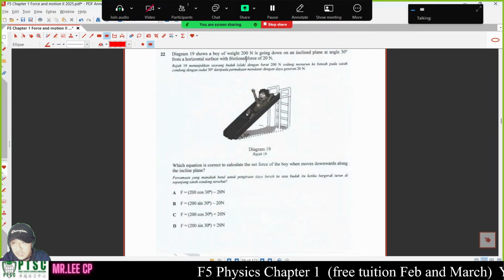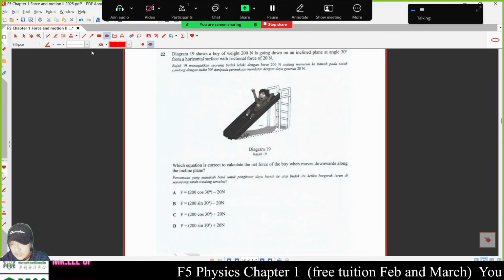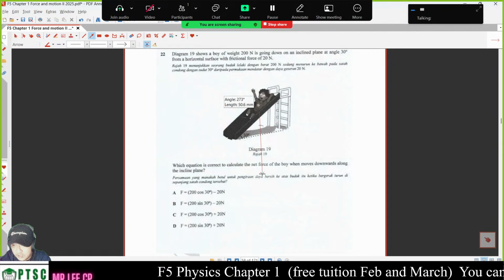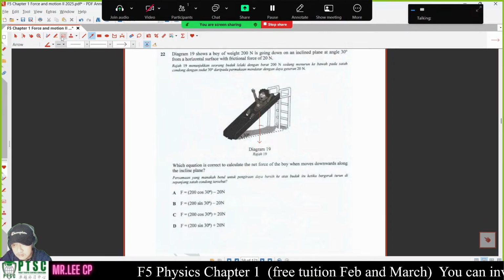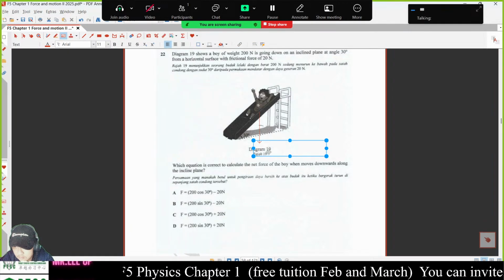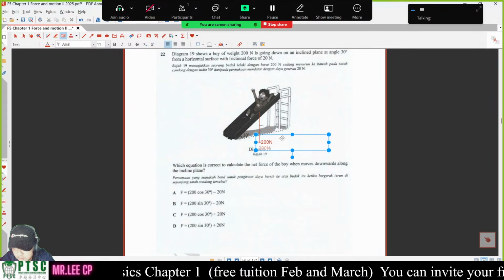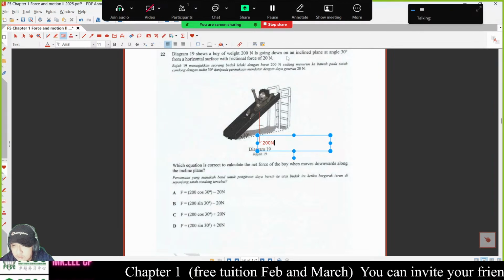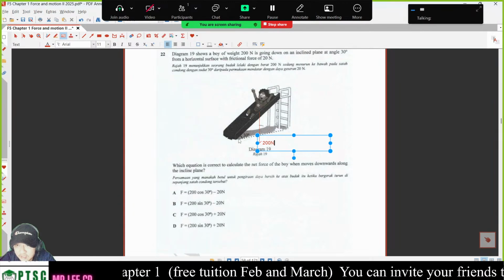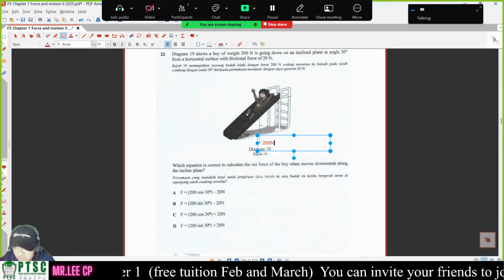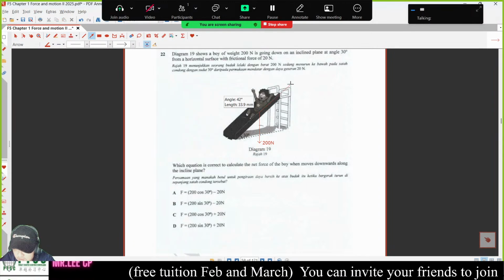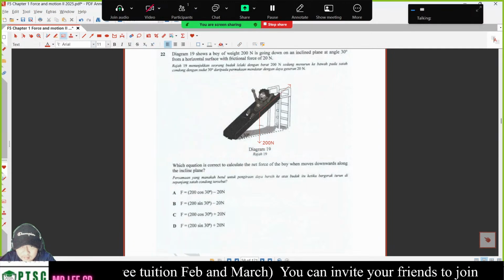The diagram shows the boy's weight is 200 Newton. He is sliding down at an angle of 30 degrees with a frictional force. Frictional force acts against the motion, so it is 20.